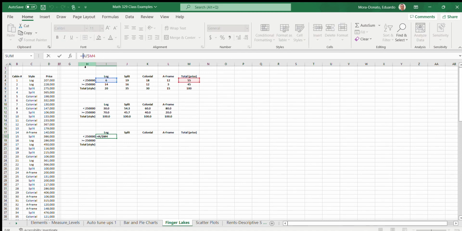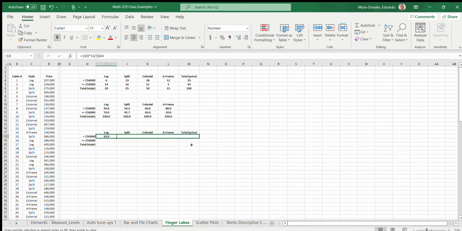So 100 times this. Ctrl+Shift+1. So this is about 11%. Let me just remove decimals. Very good. So about 11%, and then I'm going to copy, and then down. Very good.